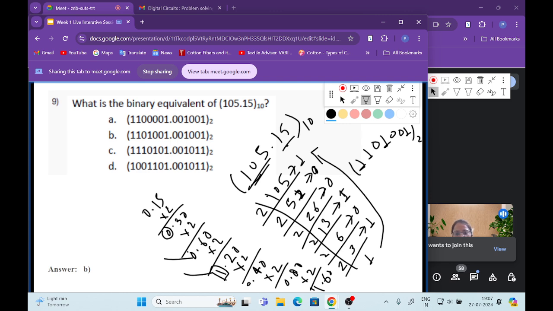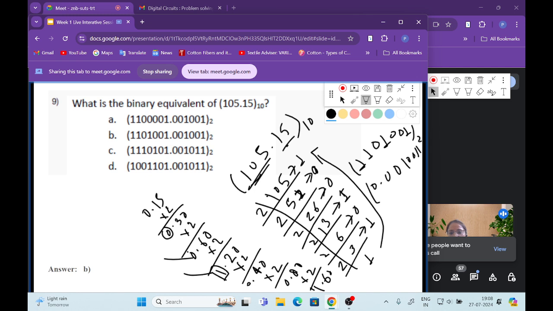And for the fraction part, what you have got? 0 0 1, again 0 0 1, right?